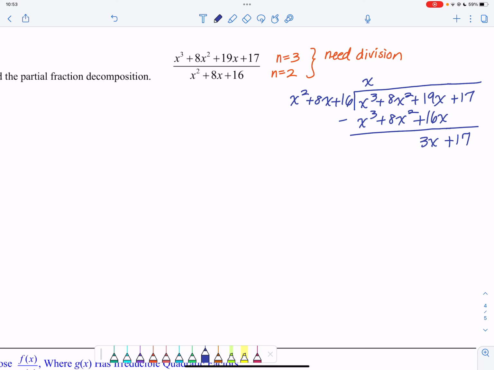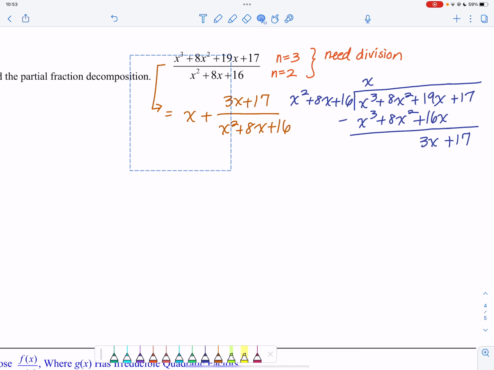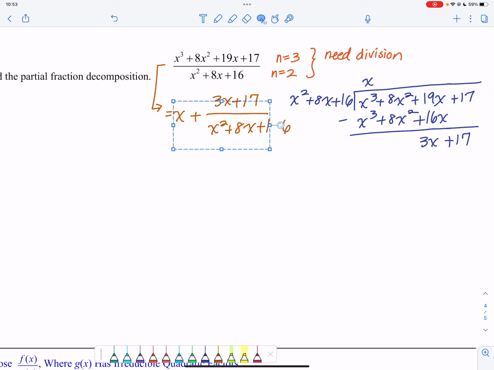So we can say that this rational expression is equal to x plus 3x plus 17 divided by x squared plus 8x plus 16. If I can move that over.